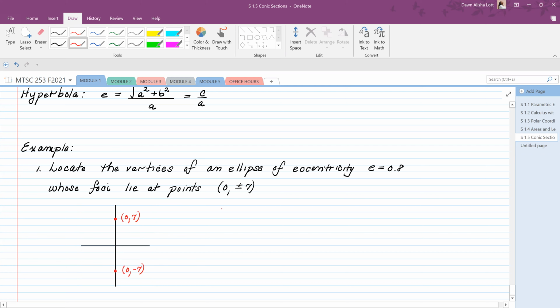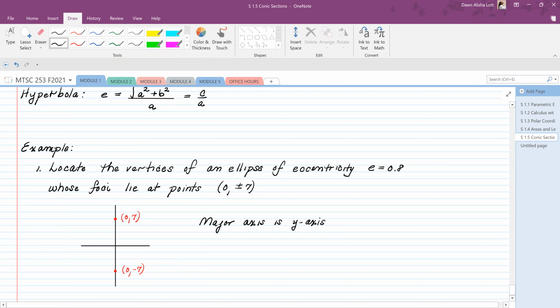So therefore, we can clearly see that the major axis is the y-axis. Okay, so that's the first thing that we know.